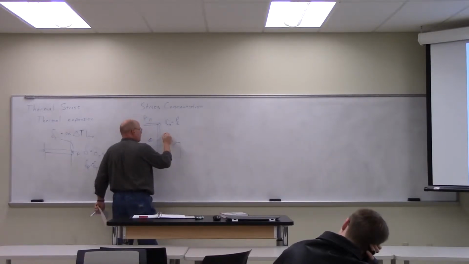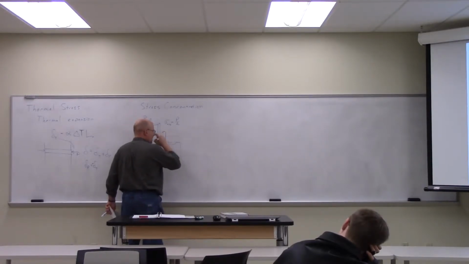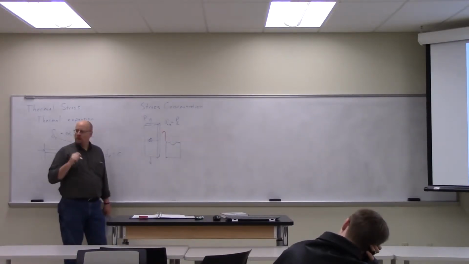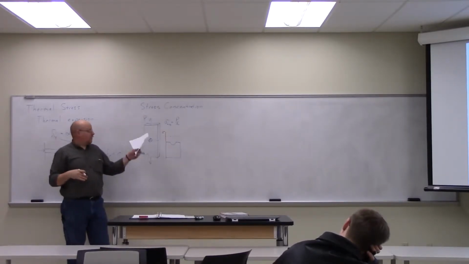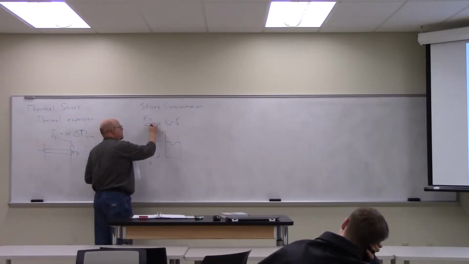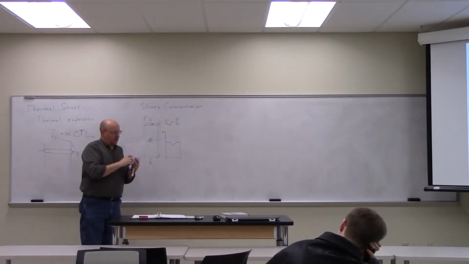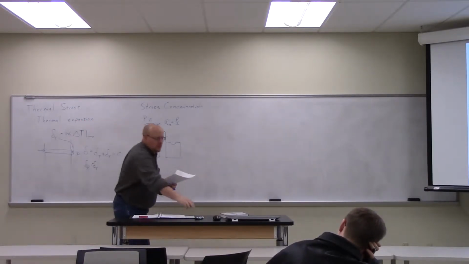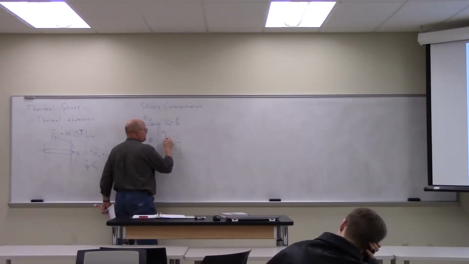So I'm going to plot stress as a function of position. The average stress would be that. There's some uniform average stress that I can calculate based on the cross-sectional area, A naught. But the actual stress in the membrane is going to look something like this.